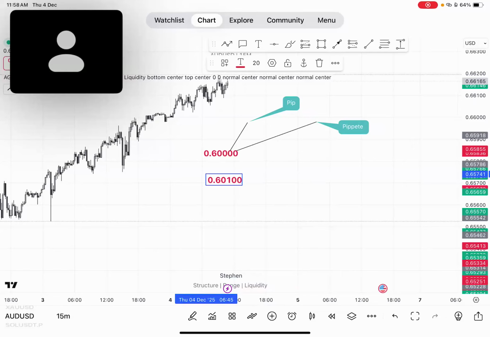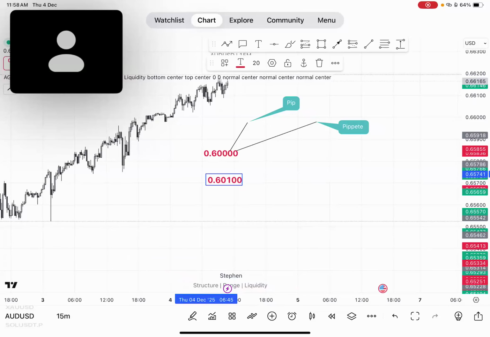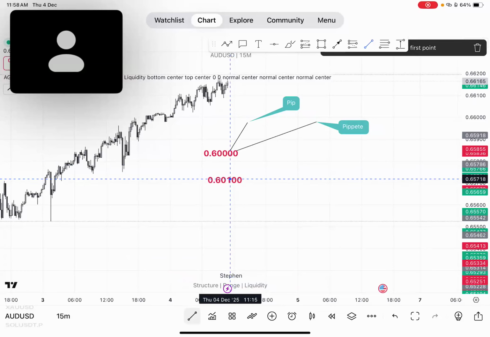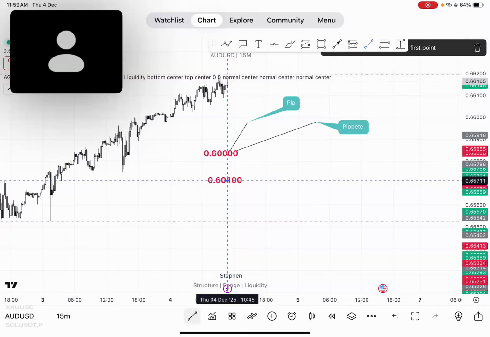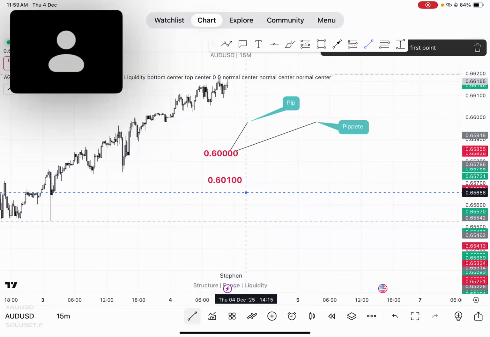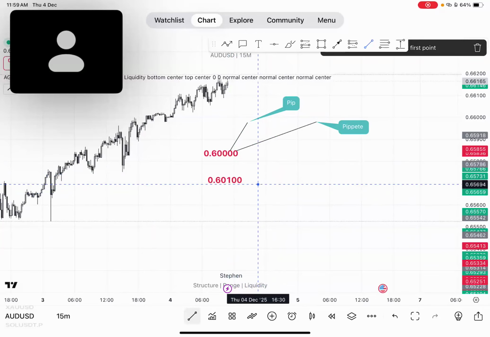It's not 100 pips. It's 10 pips. I hope we are clear with this. So if this particular digit turns to two, that's 20 pips. Turn to three, that's 30 pips. It applies to AUD USD, Euro USD, or every USD pair.